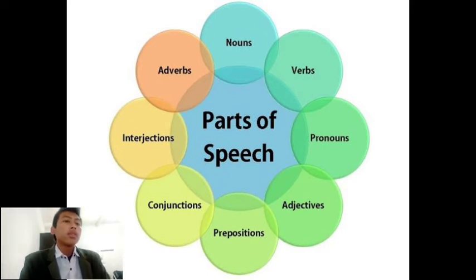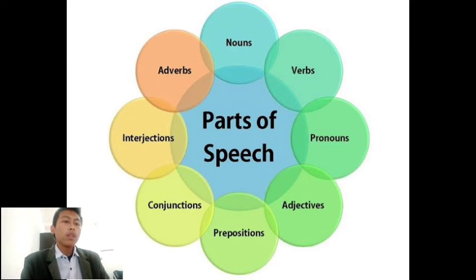Prepositions in English are divided into several types, including the preposition of time: after, before, during, since, until. Preposition of place is about, at, in, on, under.